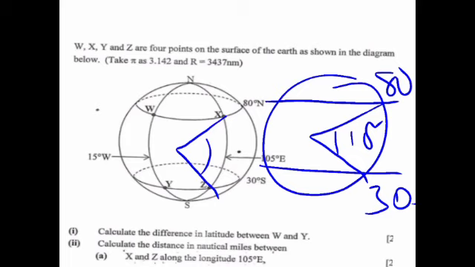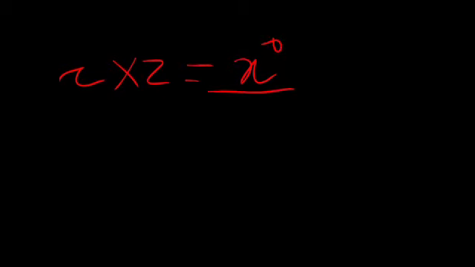So we are going to simply say the arc XZ is equal to x degrees, which is the angle subtended at the center by the arc, times 2 times pi times the radius of the earth.